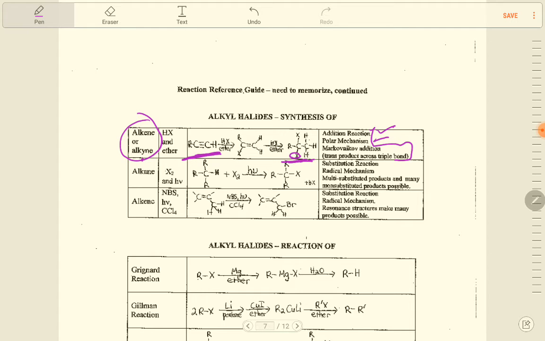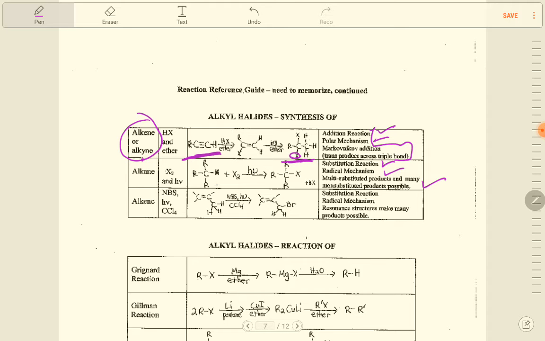All right, now we have an alkane, and we need to get an alkyl halide from the alkane and X2 in the presence of light, hv, and that is a substitution reaction. It proceeds by a radical mechanism and gives multi-substituted products. So those are the steps that you can follow.